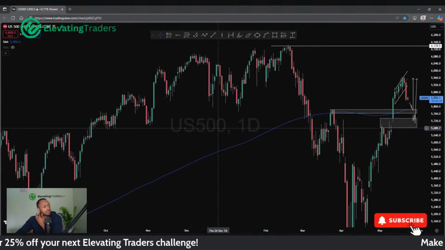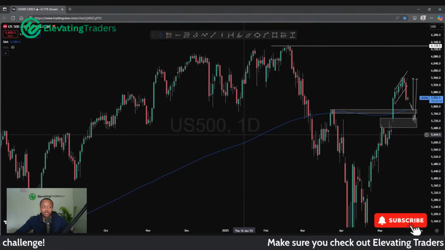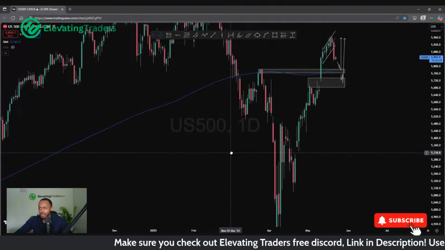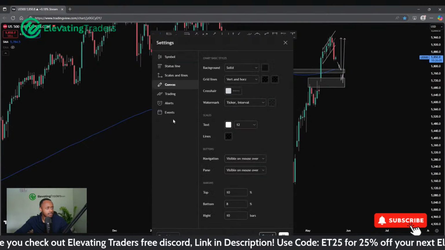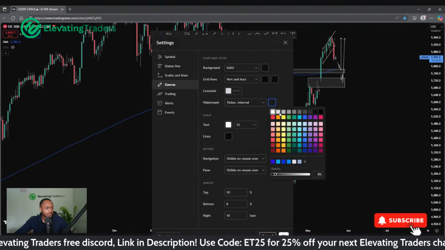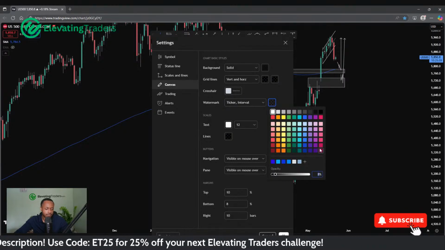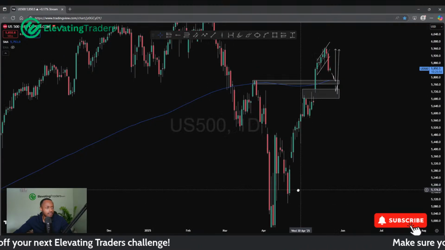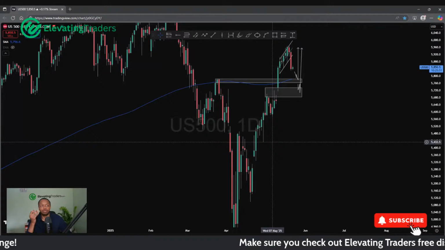But the pair I'm looking at and the time frame is always in the middle of the screen there. I can make it a little bit brighter if it's not clear enough. If that helps. But yeah, I probably will move it to the right anyway.